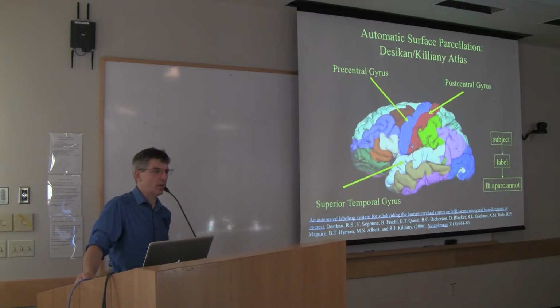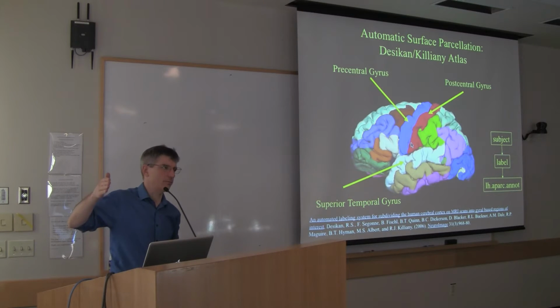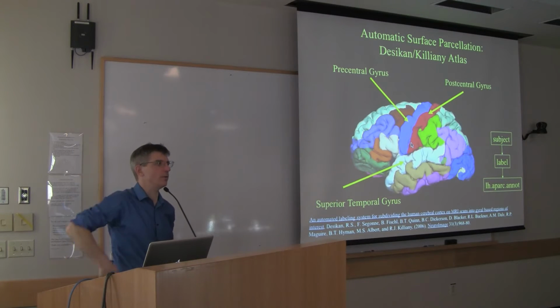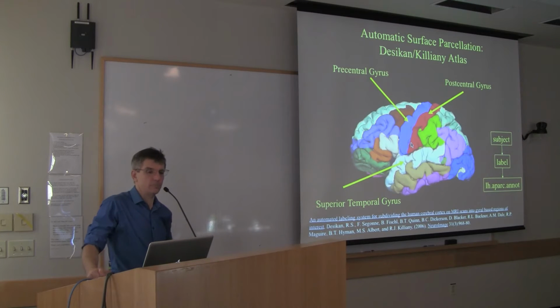These are gyral parcellations, that is, they go from the fundus, the valley of one sulcus, over the gyrus to the valley of another sulcus. It was done by Rahul Desikan because he's mainly interested in looking at changes with Alzheimer's disease. So you have 35 of these per hemisphere.